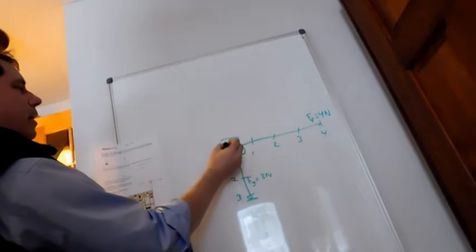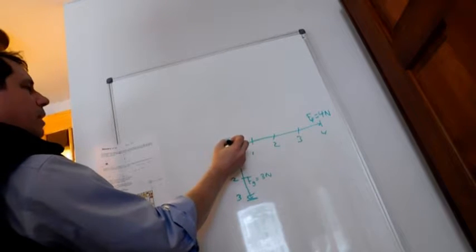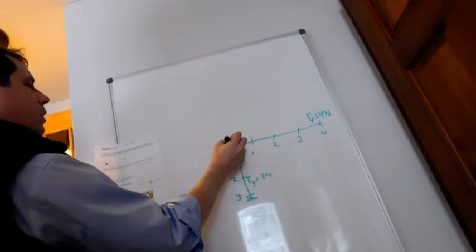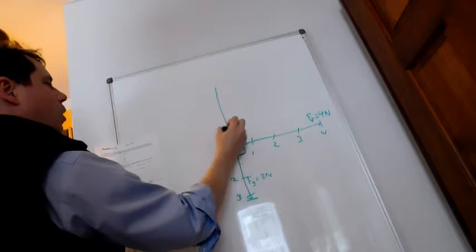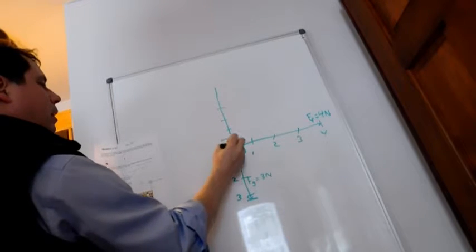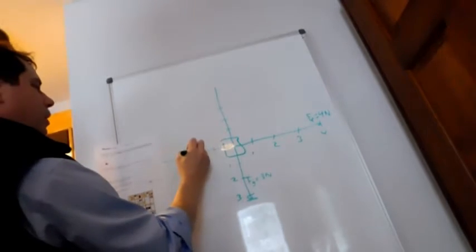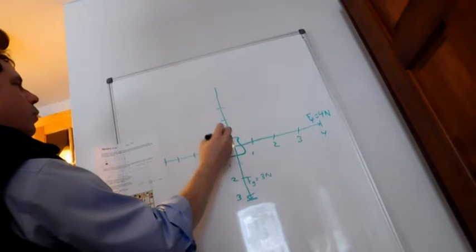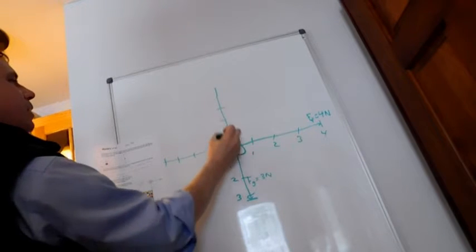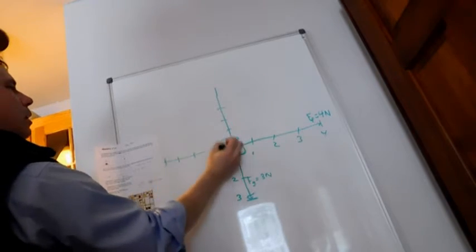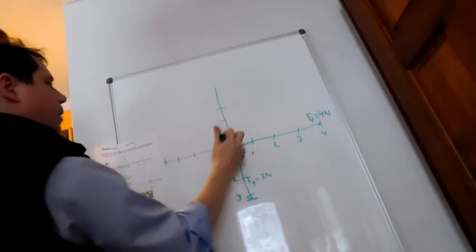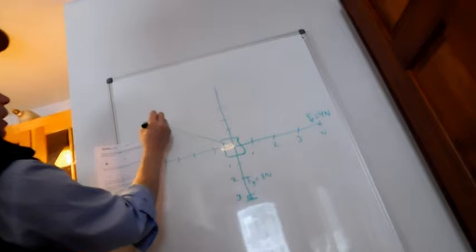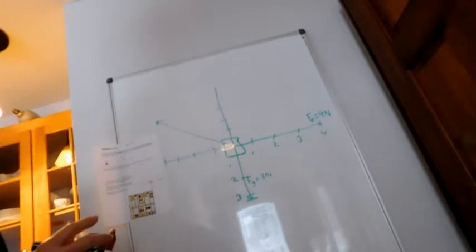So we're going to need a line that goes up 3 and over 4. This is an axis here, so 1, 2, 3, and 1, 2, 3, 4. So we need something that meets at 3, negative 4. So up 3 to counteract that, and negative 4 to counteract the positive 4 here. So that's going to put us here. So that's our direction.